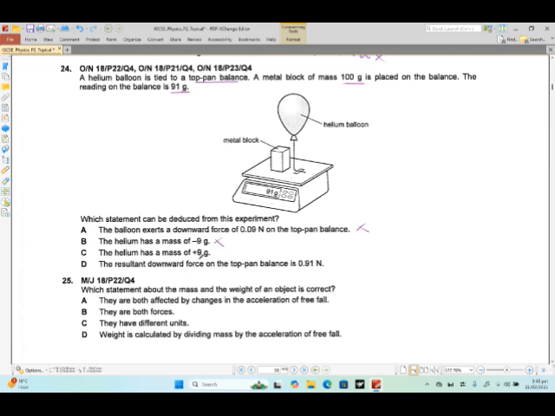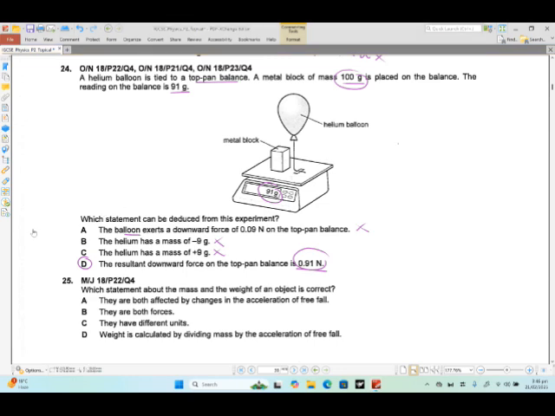The helium has a mass of +9 grams. नहीं, यहाँ पे 91 ग्राम्स आना जो है वैल्यू 100 ग्राम्स ब्लॉक की, वो इसलिए है क्योंकि resultant downward force on the top balance is 0.91 Newton. इस वजह से ये ऐसा है. हीलियम का वेट मास का कोई लेना देना नहीं है इसके साथ, और बलून भी downward force exert नहीं कर रहा. ये resultant downward force on the top pan balance है, जिसकी वजह से ये जो है ना 0.91 Newton आ रहा है instead of 100 ग्राम्स. ठीक है, और वो आप देख लो ना W is equal to mg करके, तो उससे भी आपको आइडिया हो जाएगा.